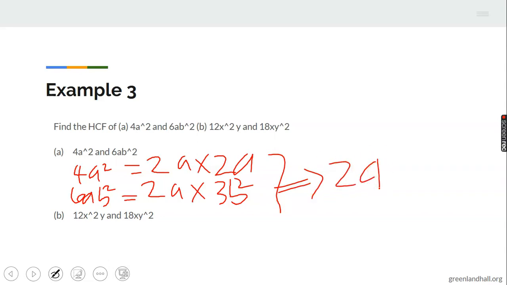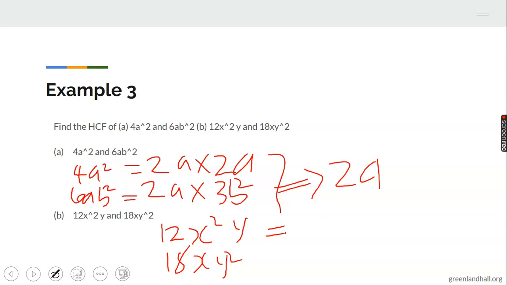Very simple. Then the next one, we have 12x squared y, then 18xy squared. So how can you link this up? The first thing is you look at what is the common factor of 12 and 18 and which one is the highest.